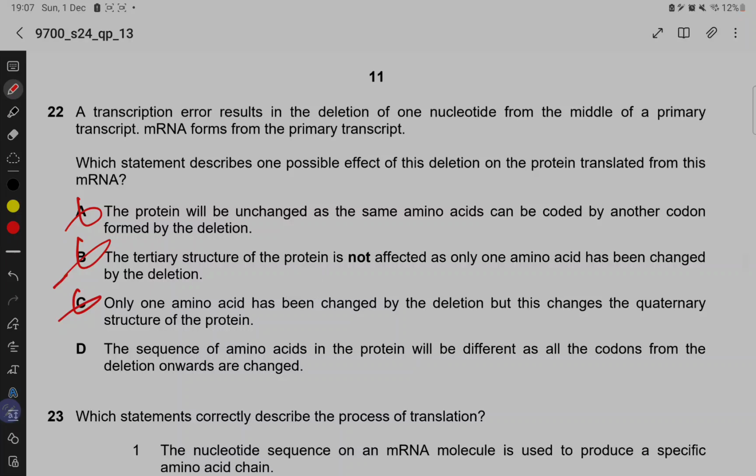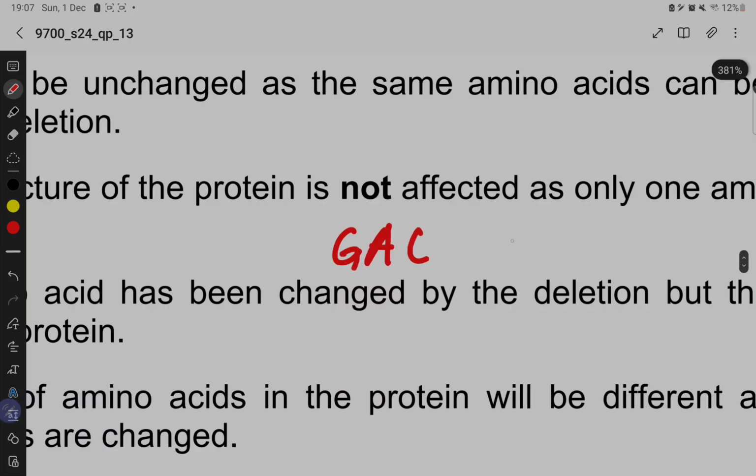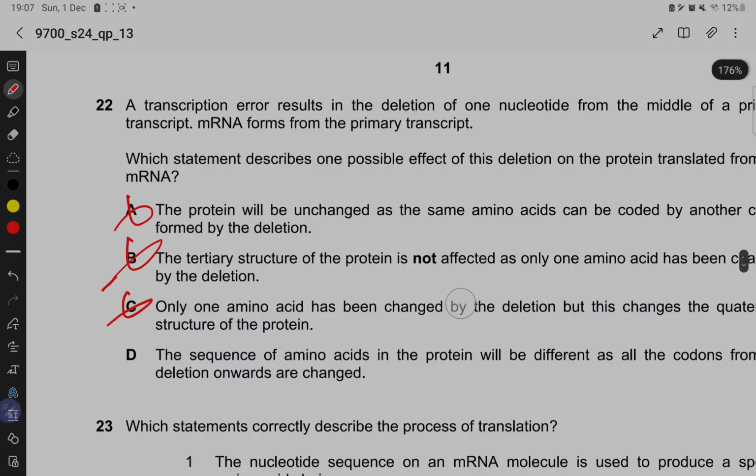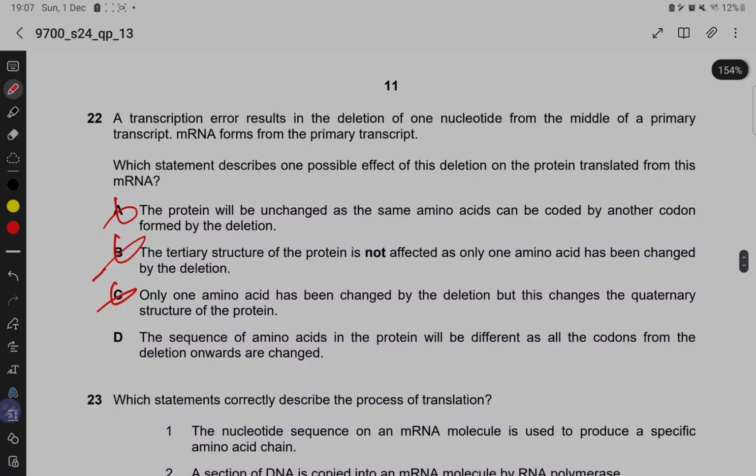Like, for example, GAC and GAT could code for the same thing. So if T were after C and C were deleted, it would still produce the same amino acid. So sorry about that. It's possible for the same amino acid to form. So C is wrong.